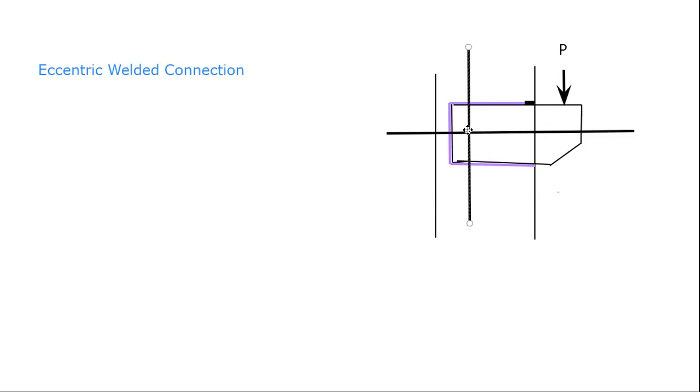So now we can see that the load is not exactly acting at the location of the CG or the line along which the CG is passing. So what does that mean?